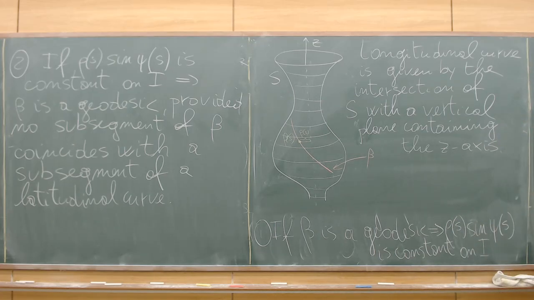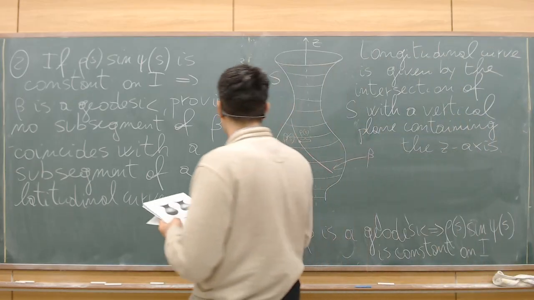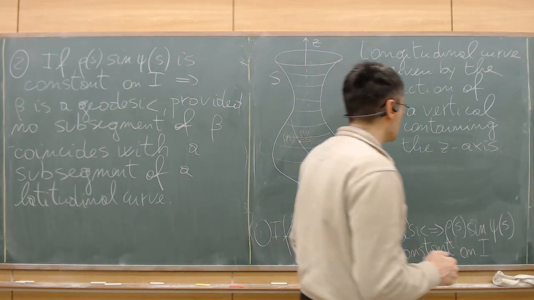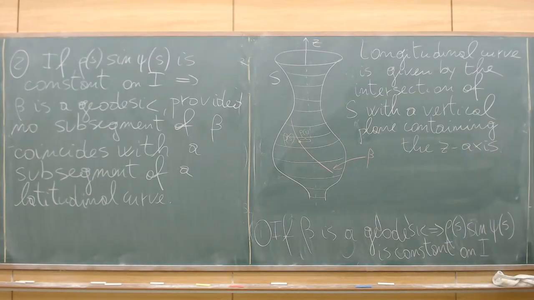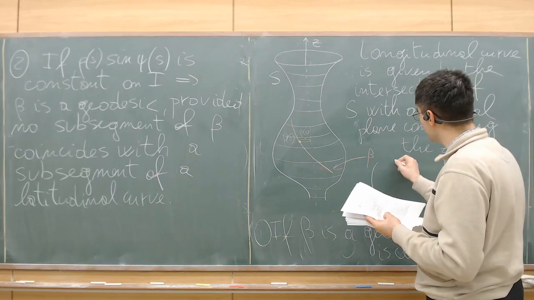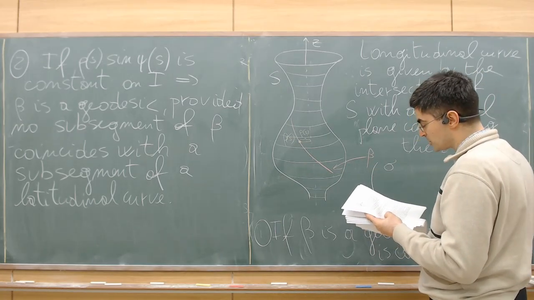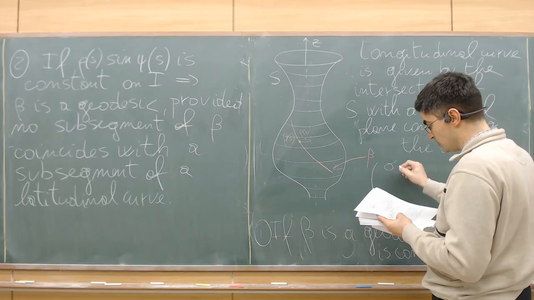If you want, you can also say that it's the curve that corresponds to the value theta equal to constant. Essentially, we said that the surface patch for this kind of surfaces looks like this.